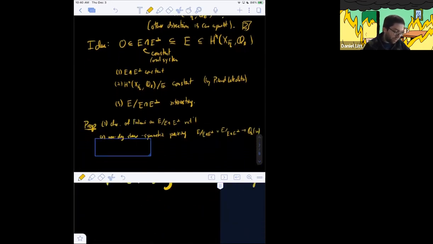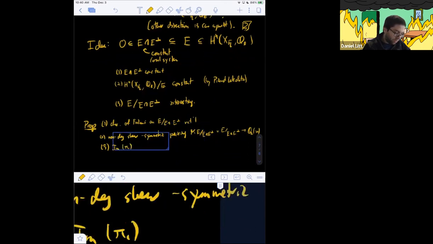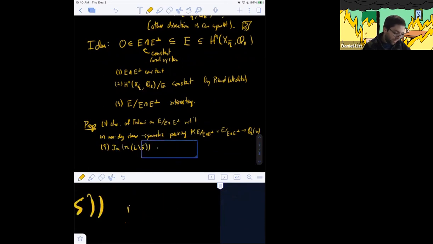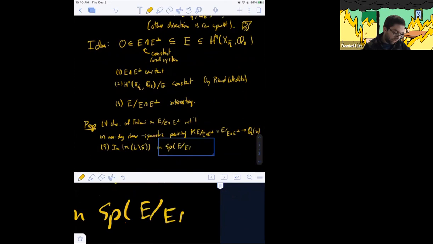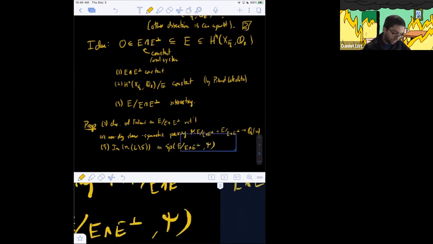That part will be easy. And three is that the image of pi one, and let's call this pairing C, the image of pi one of L minus S in SP of E mod E intersect E perp, C, is open.